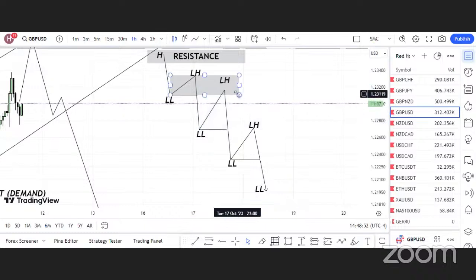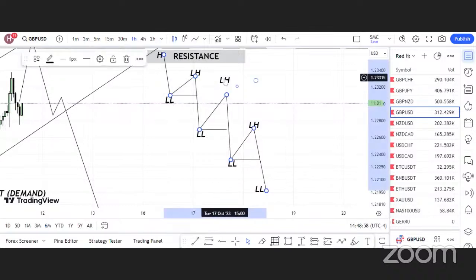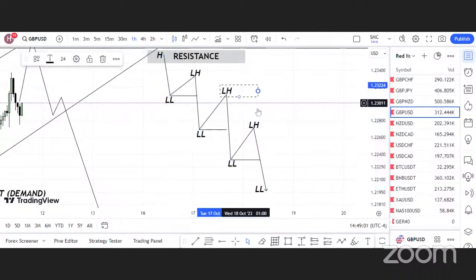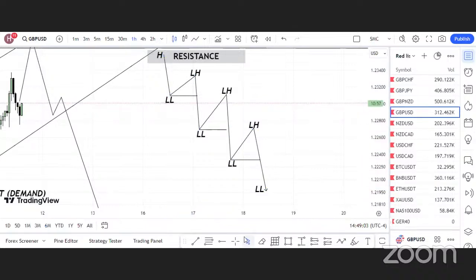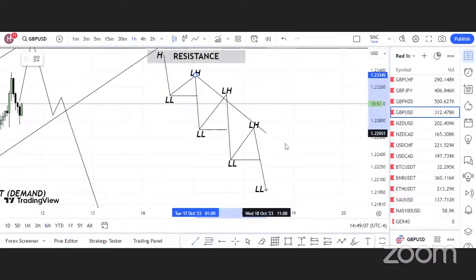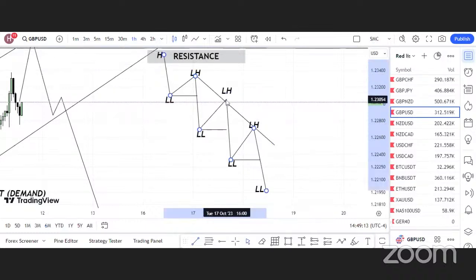Then you can also draw your trend line. So let's assume we have something like this. You can have something this way, a trend line connecting all of these together. I think this is too much.